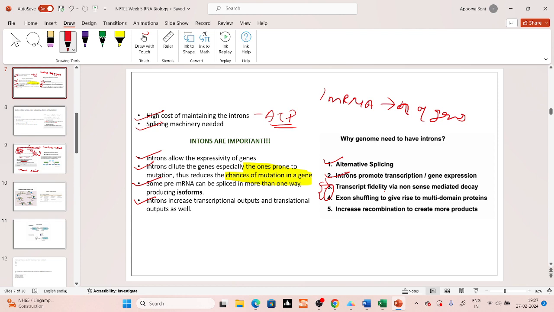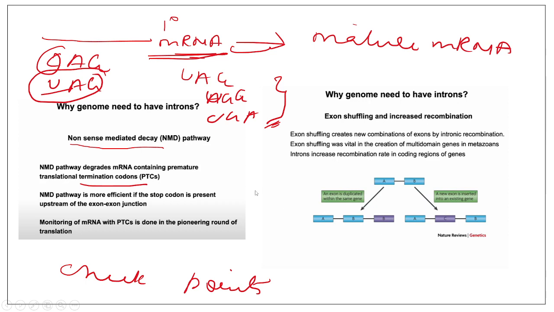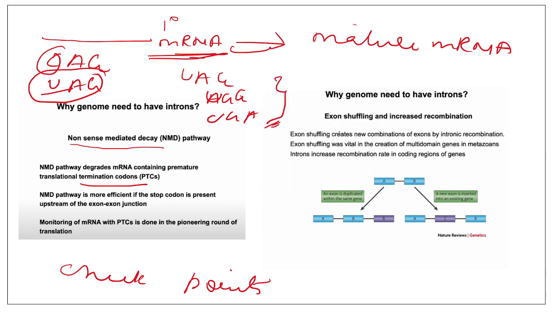These two points are related to each other, and we'll see how. So basically, exon shuffling, what does it do? It creates new combinations of exons by intronic recombinations. So these are your exon A and exon B. Now what happens?